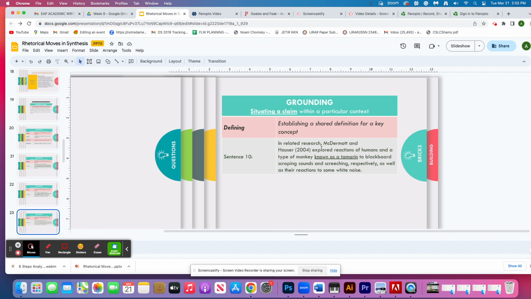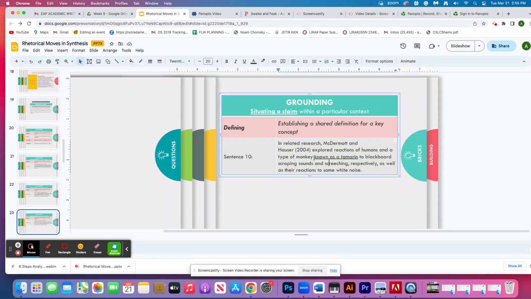The next example of defining is here, tamarin, which is actually very obvious and literal, because we can see X, Y, and Z explored reactions of humans and a type of monkey known as tamarin to blackboard scraping sounds and screeching, respectively, as their reactions to some white noise. So it's another research shared here to define certain ideas.